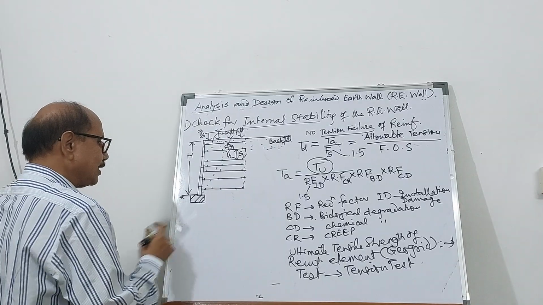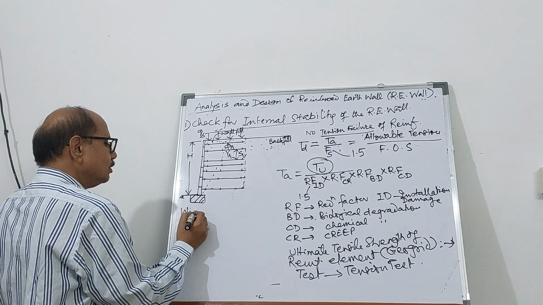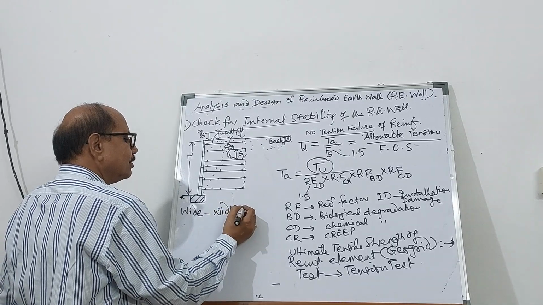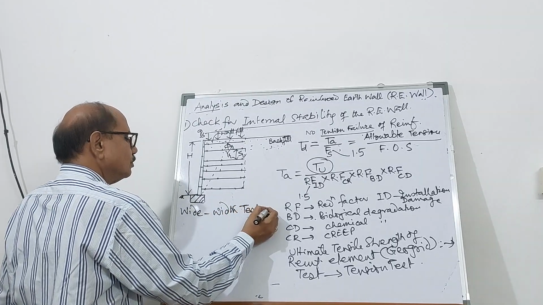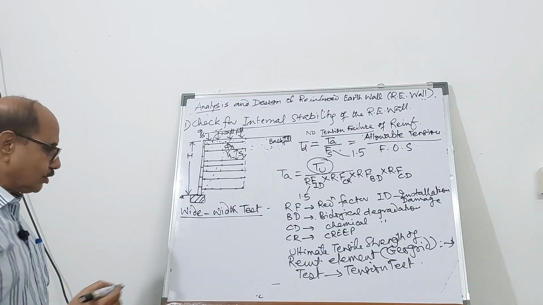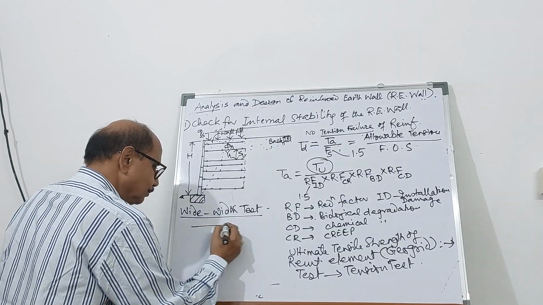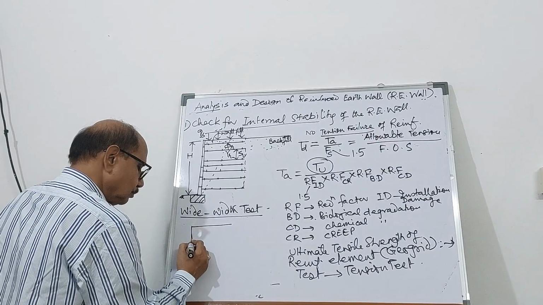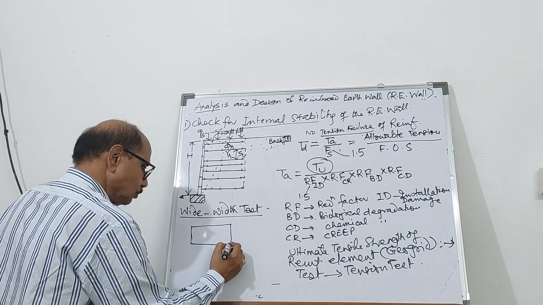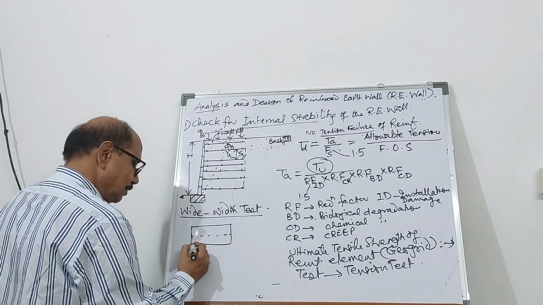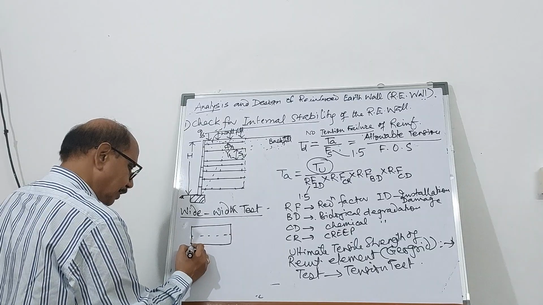And the tension test, we call it wide width test. What is wide width test? You have fixing jaws. Here you can place the geogrid.